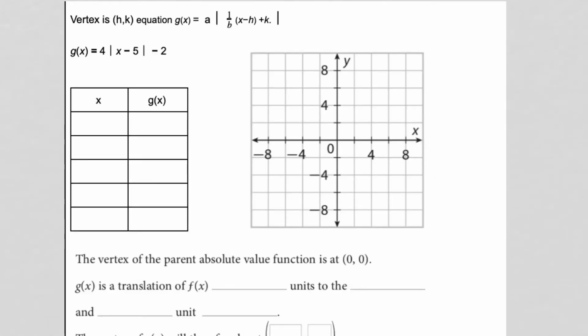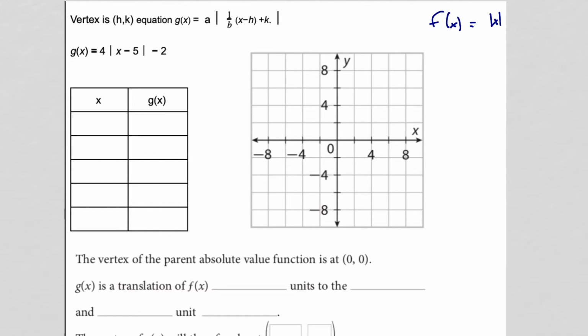As we graph absolute value functions, in the previous page we looked at the most basic absolute value function, f of x equals the absolute value of x. But it could have all this other stuff added to it that you see here. As we dive into this, you will begin to see how some of this information affects your graph of the absolute value function.